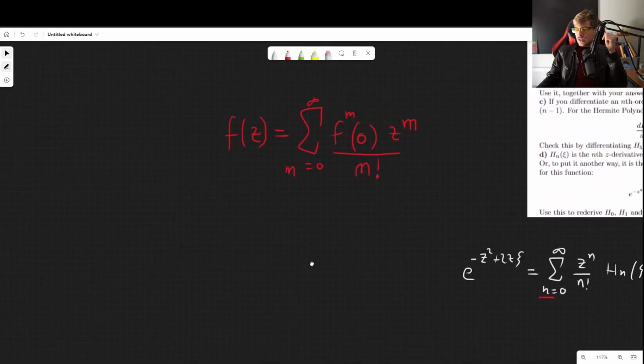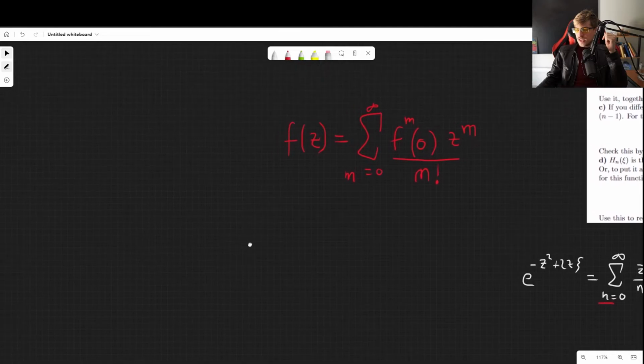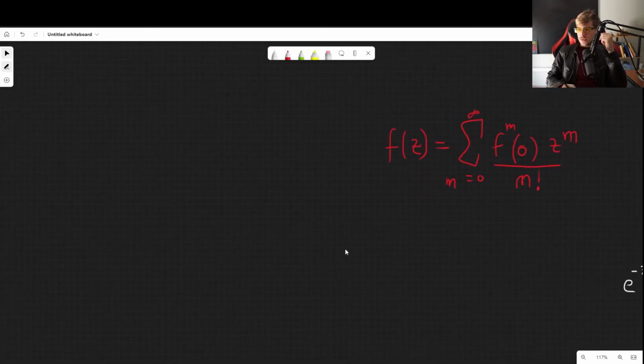Okay, so that's the Taylor series. So let's write out the Taylor series for the exponential, at least the first few terms. So we're going to need the derivatives. So let's put it in general first. We get that f of z, which of course is our exponential, is going to be the 0th derivative, so I guess we just don't write it, right?